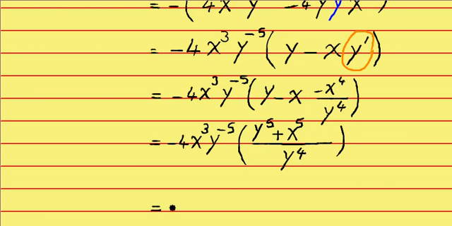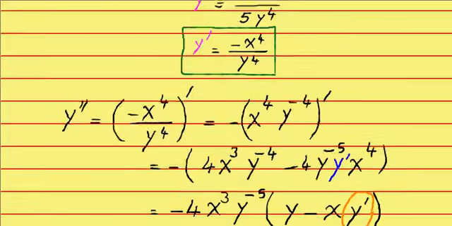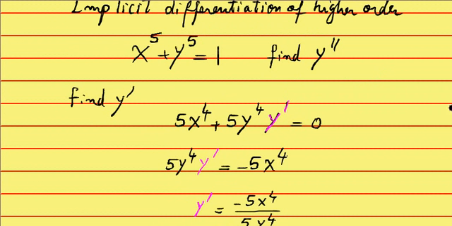One more round. This minus 4x cubed, let me write this in the denominator, y to the power of 5, x to the 5 plus y to the 5. Better pay attention to the very first statement of the problem. x to the 5 plus y to the power of 5 was said to be 1.